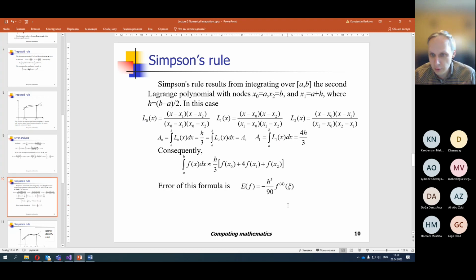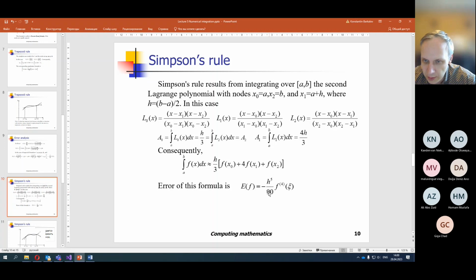But this is a local error. If we compute this error at each step, these errors are summed: the error on the first interval plus the error on the second interval plus the error on the third interval, and so on and so on. And finally, we will have the global error, h to the power 4.